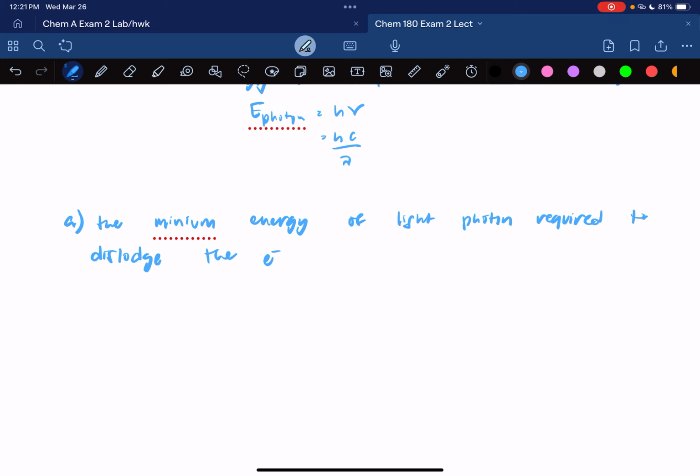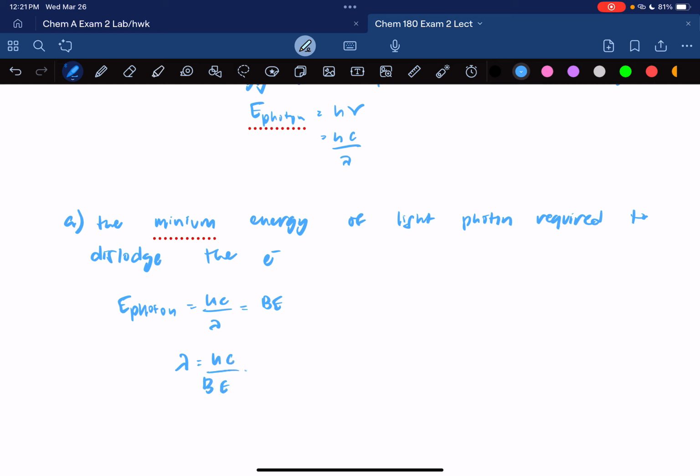So h is 6.626 times 10 to the negative 34 joules times second. C, let's see what it is. All those numbers in the problem are given in 2 or 3 sig figs, so I could use 3.00 times 10 to the 8 meters per second.